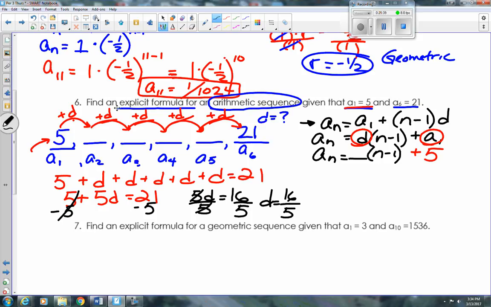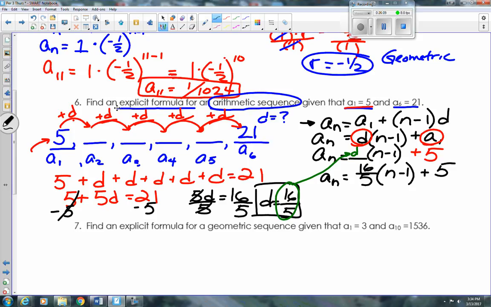That can't be simplified, so we're going to use that value for d over in our equation. So I'm going to take this value for d, and I'm going to put it in for my d value here. And I get a subscript n equals 16 over 5 times the quantity n minus 1 plus 5. All right, I'm almost there. All I need to do is simplify this.